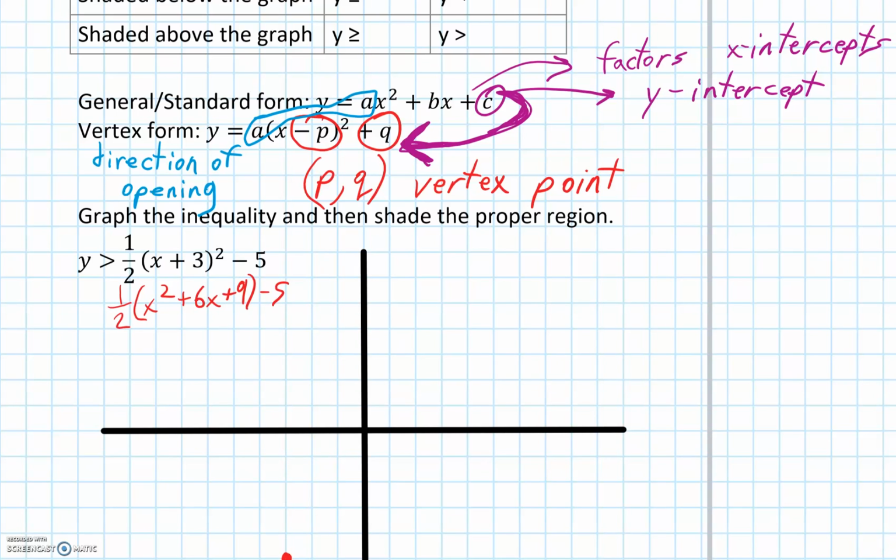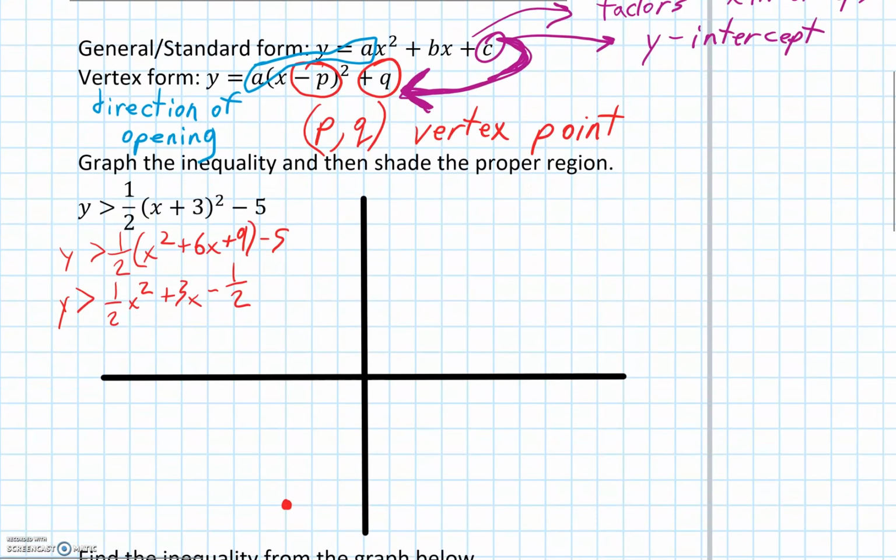This is still y. So now it's half x squared plus 3x plus 4.5, minus 5, so minus 0.5. Minus a half, I guess.